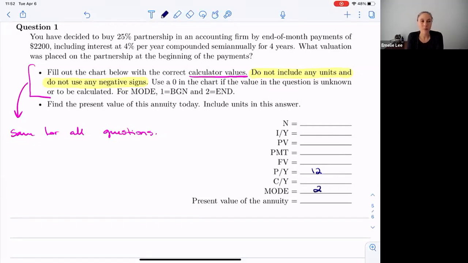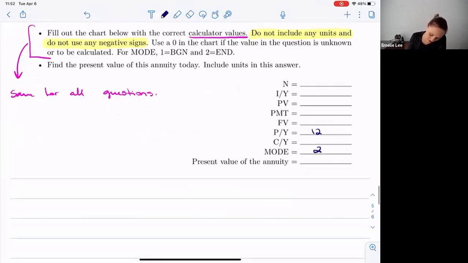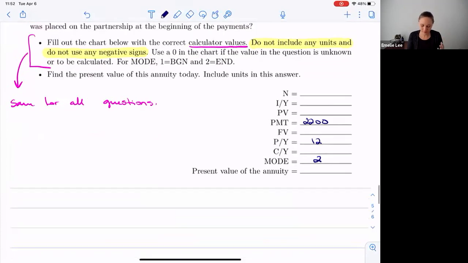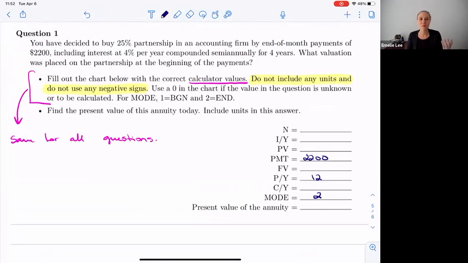And the payment amount is $2,200 without any positives or negatives. Because you are paying it, it should be negative, right? But in this case, because you don't want to include any units and no negatives, you can just go for it. So the payment amount is $2,200.